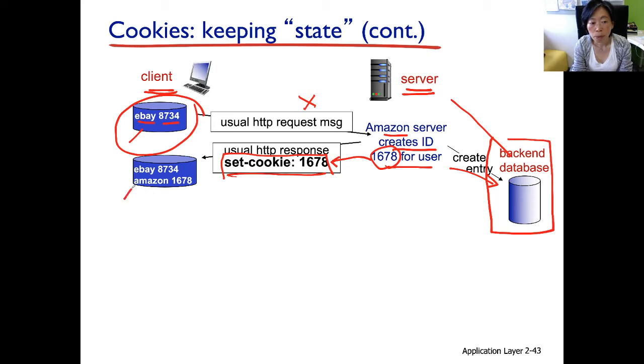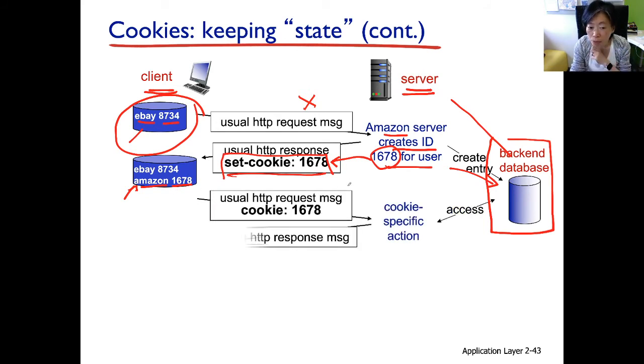So the web browser here sets up one extra entry saying, for Amazon, the website, use ID 1678. So for the subsequent visits, subsequent browsing, all the HTTP request messages are going to carry the cookie header line saying I am user 1678.